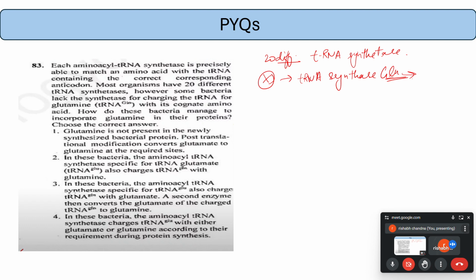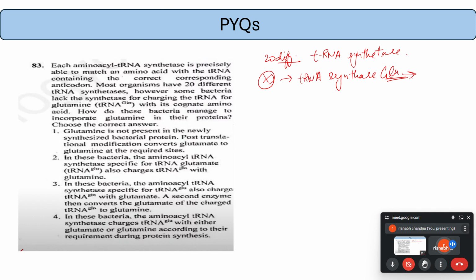Post-translational modification converts glutamate to glutamine in all the required sites. Then, in these bacteria, the amino acid tRNA synthetase specific for tRNA glutamate also charges tRNA glutamine with glutamine. Then we have, in these bacteria the amino acid tRNA synthetase specific for tRNA glutamate also charges tRNA glutamine with glutamate.